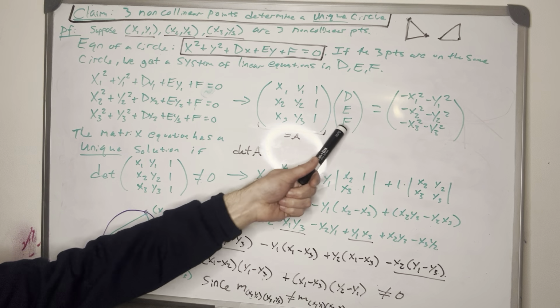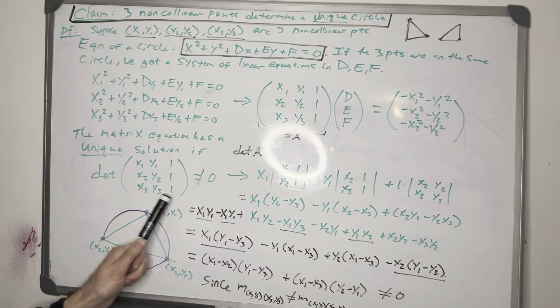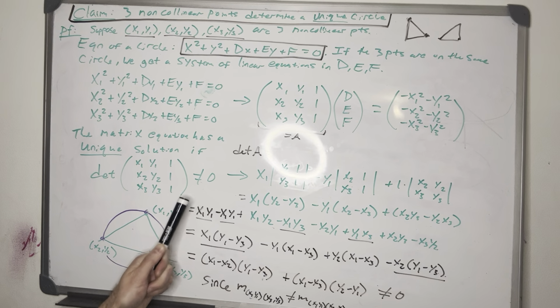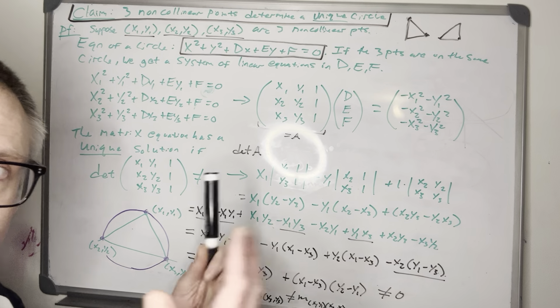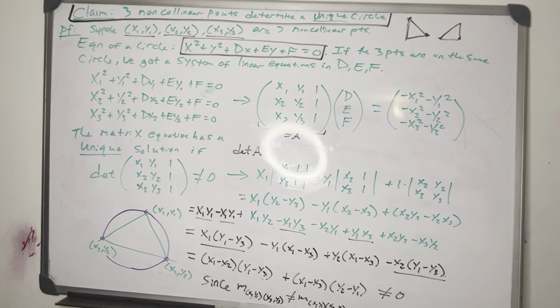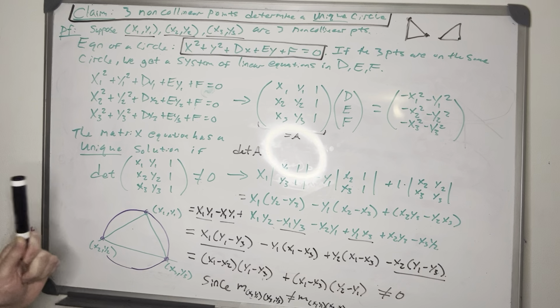So we know that there's a unique solution here if and only if the determinant is non-zero, or in other words, that the matrix is non-singular. That's another way to say it. So we just have to look at the determinant.